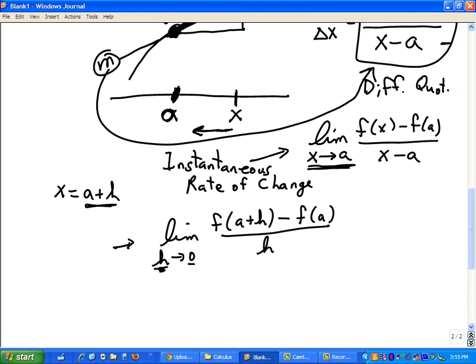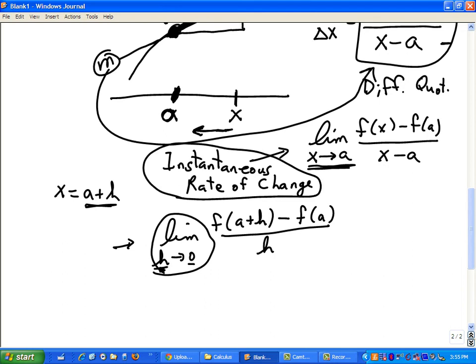So what are these? These are both expressions of the instantaneous rate of change. They both are the instantaneous rate of change at the number x equal to a. Now what if you wanted the instantaneous rate of change somewhere else? What if you were interested in the instantaneous rate of change right there, for example?